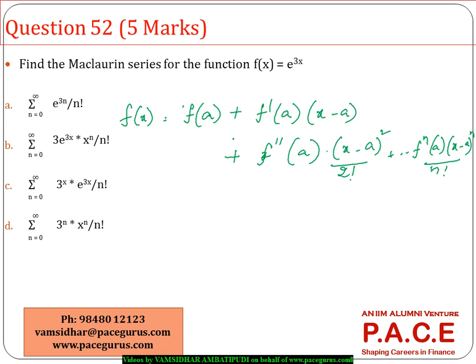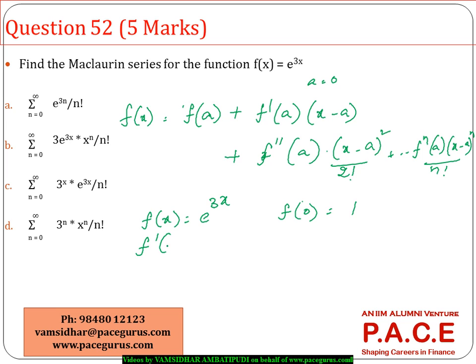So if the same thing wherever I put a equal to 0, we call that series as the Maclaurin series. So substituting a equal to 0 in this whole expansion. When I am saying f of x equal to e power 3x, I can say f of 0 equal to e power 0, which is 1.